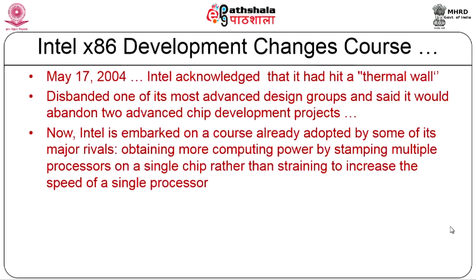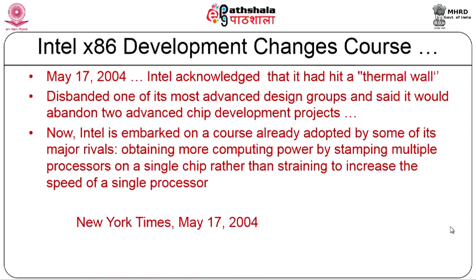So, now Intel is embarked on a course already adopted by some of its major rivals, that is obtaining more computing power by stamping multiple processors on a single chip rather than straining to increase the speed of a single processor.